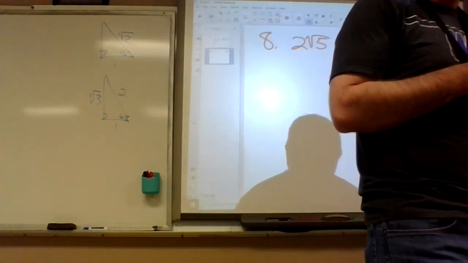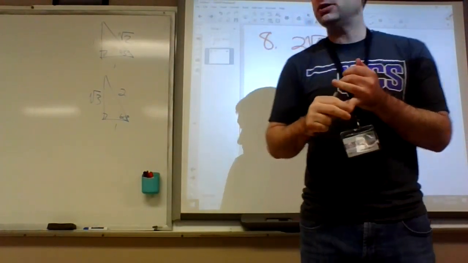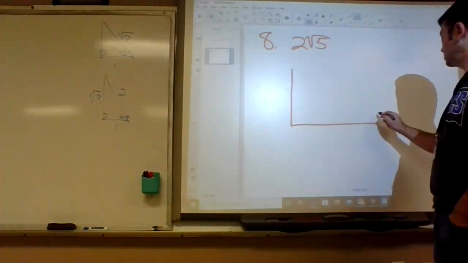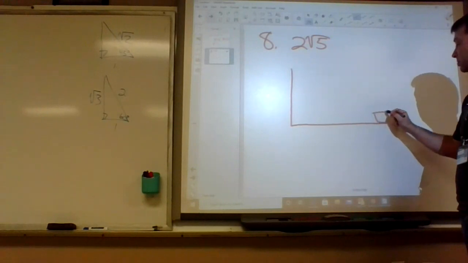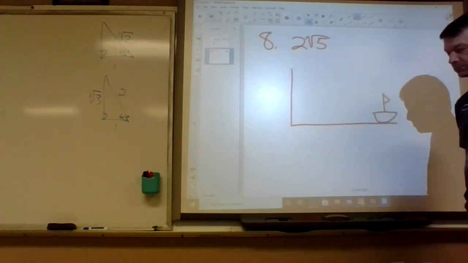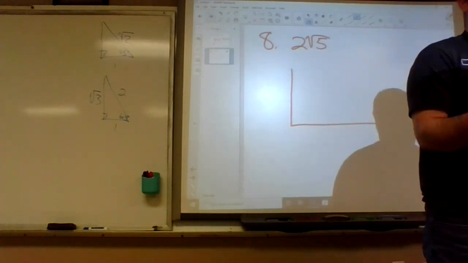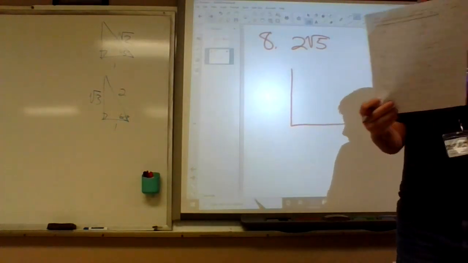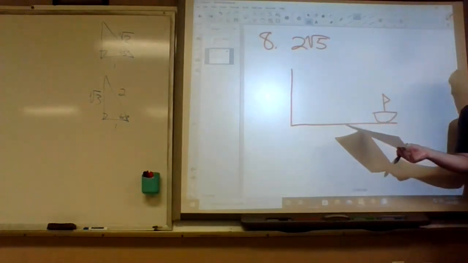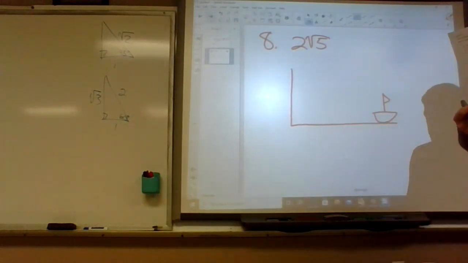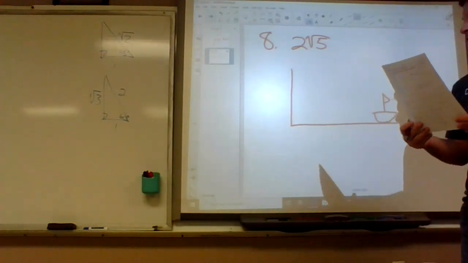A boat is 600 meters from the base of a cliff. Cliff. I'm really good at drawing boats. It's my specialty. Ty, are you jealous of my boat drawing skills? As you should be. Okay, the elevation to the top of the cliff is 32 degrees.